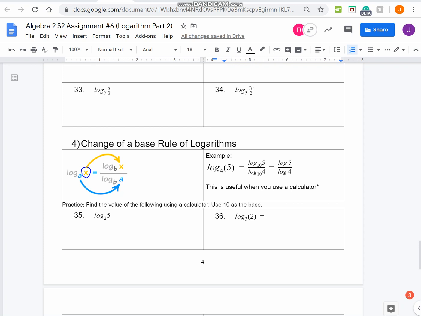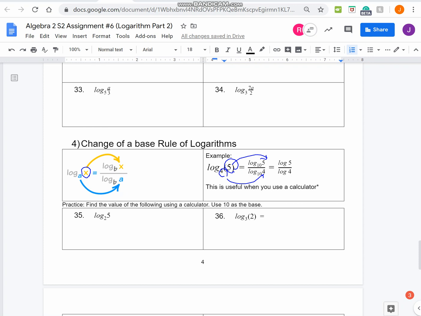Using this change of base rule, you can change it into log base whatever the base is, and then 5, which was from here, and log of whichever that base is, you put this 4 as the argument.